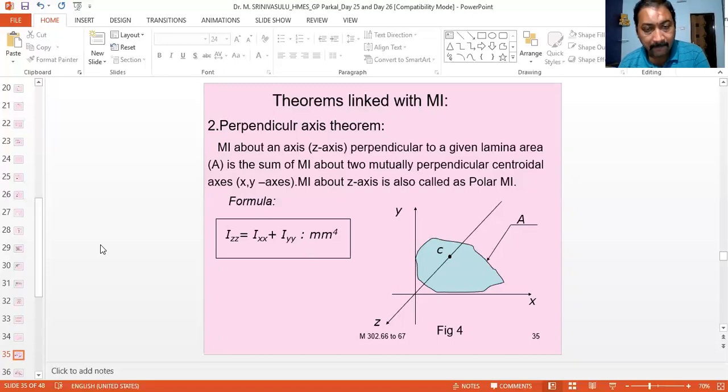This perpendicular axis theorem can be helpful to find out the moment of inertia about the z-axis, if you know the moment of inertia about the x-axis and y-axis, where x, y, z are mutually perpendicular to each other. Okay, and I_ZZ is equal to I_XX plus I_YY.